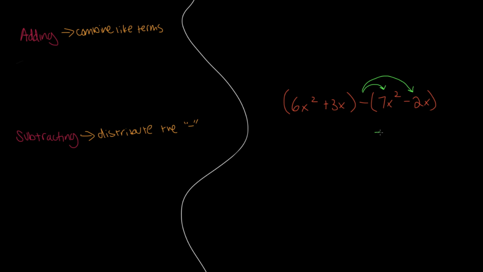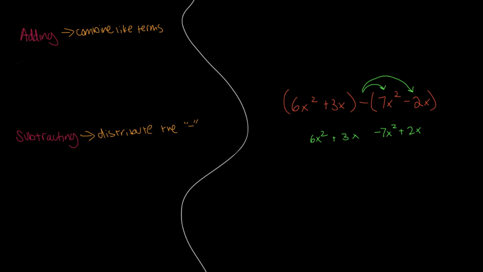So for the first one, we'll have negative 7x squared, and distributing the negative to the second one, we'll have positive, because two negatives make a positive, positive 2x. So rewriting this whole thing would give us 6x squared plus 3x minus 7x squared plus 2x.